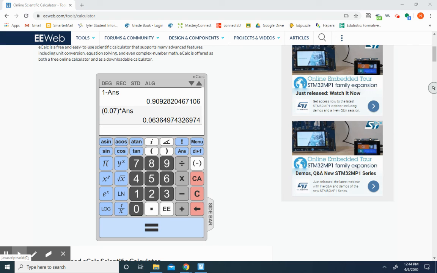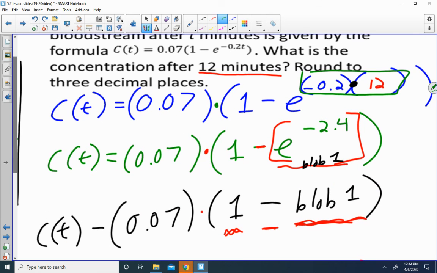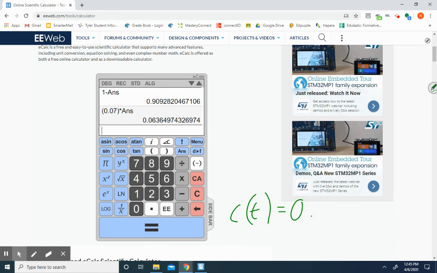We have now computed everything. So the concentration, and let's look at the instructions. How much can we round to? The instructions say round to 3 decimal places. So go back to the calculator.